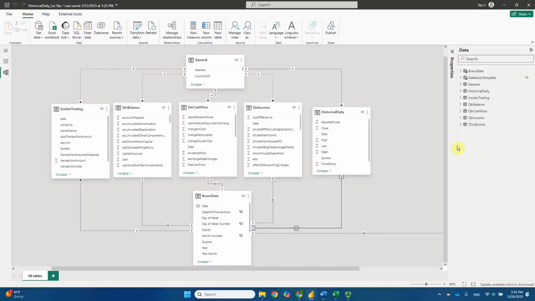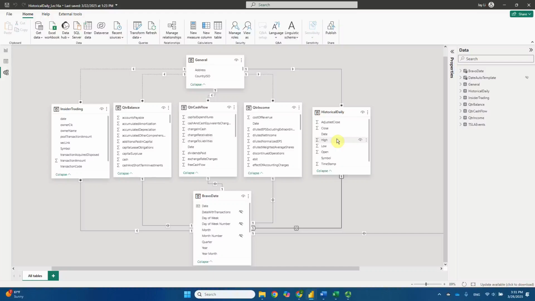For example, if the stock symbol is Apple and the date is September 30th, 2024, there's just one observation in the income statement that reflects this financial report related to Apple on September 30th, 2024. Similarly for other tables, balance sheet, cash flow, historical daily: if you're looking at Tesla on a particular date, say March 31st, 2023, these two pieces of information together, symbol combined with the date, will help you pin down that one particular observation in those tables.